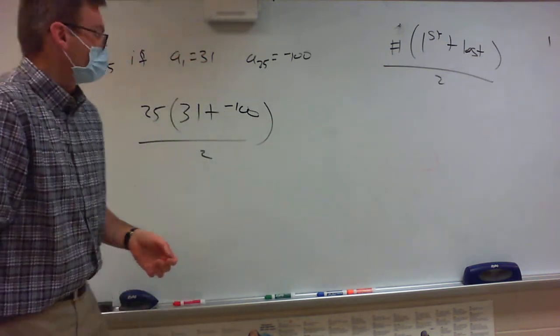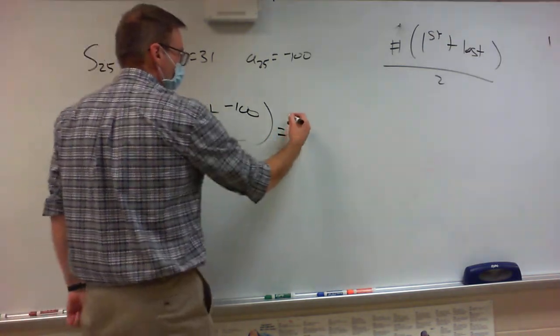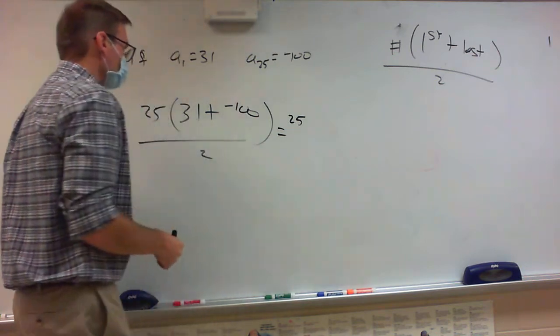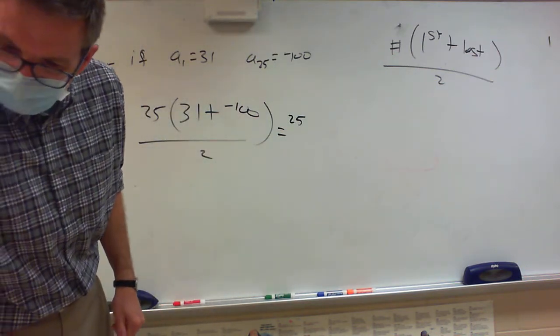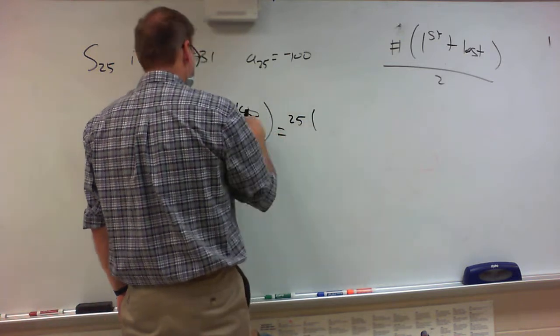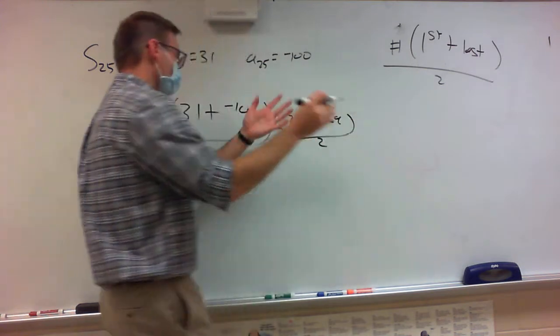And then it's pretty easy. You can type that in your calculator, so it's going to give me 25 times, what's that? Negative 69 divided by 2, and whatever number that is. That number is uglier than I was expecting.